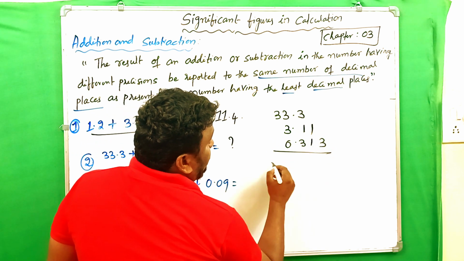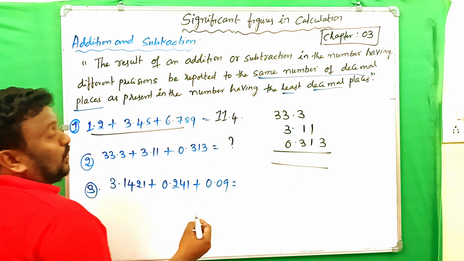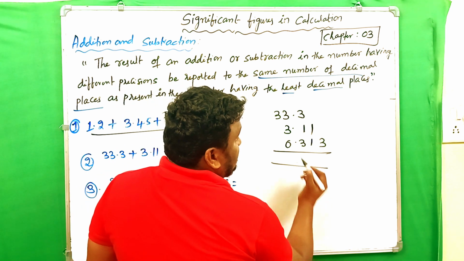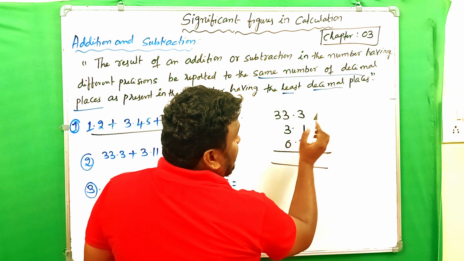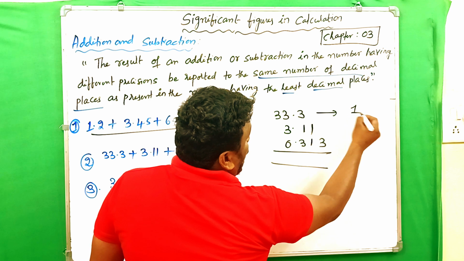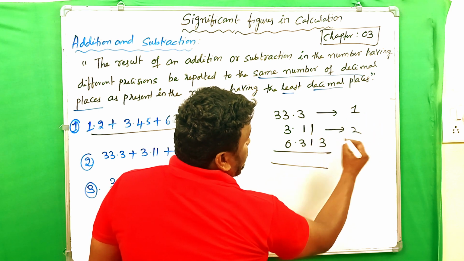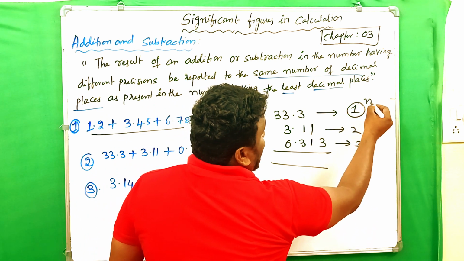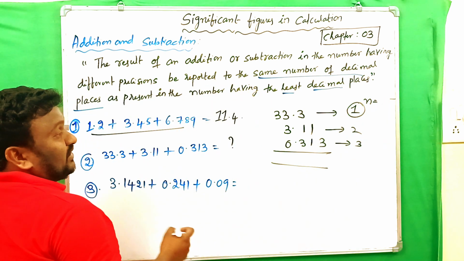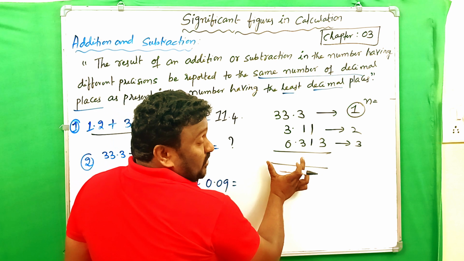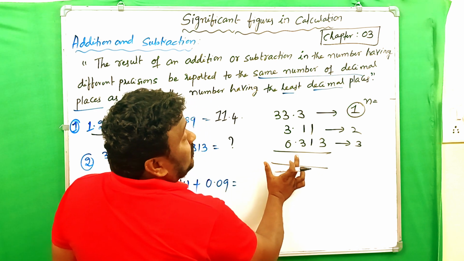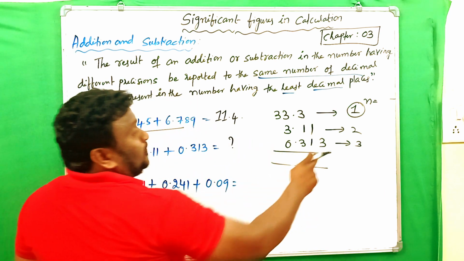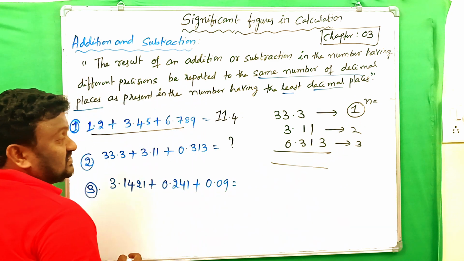Clear? First you have to identify the number of decimal places. After the decimal point, here only one number is there, so decimal places are 1, here 2, here 3. That's why you have to select n value as 1. So the final answer we are going to get is also rounded up to n equals 1 decimal place.